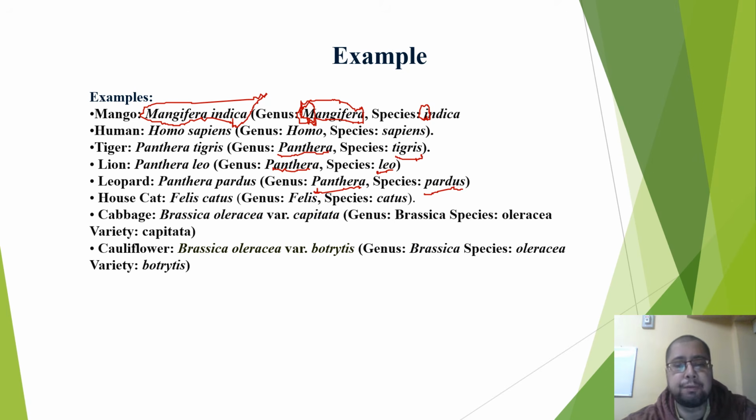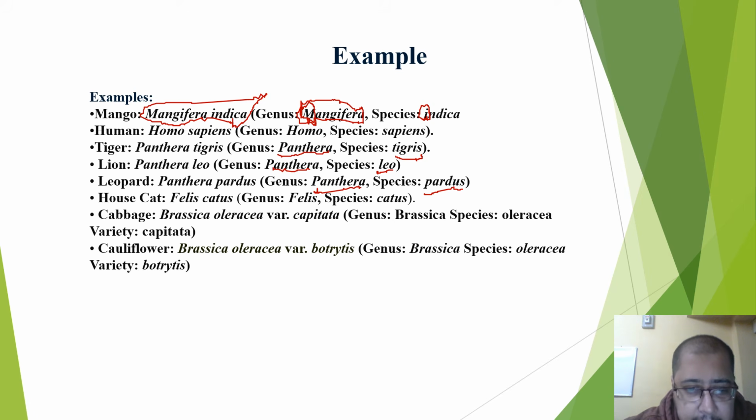Now, what if there are variations within a species? For example, cabbage and cauliflower belong to the same species, Brassica oleracea, with the scientific name of cabbage being Brassica oleracea var capitata and that of cauliflower being Brassica oleracea var botrytis.